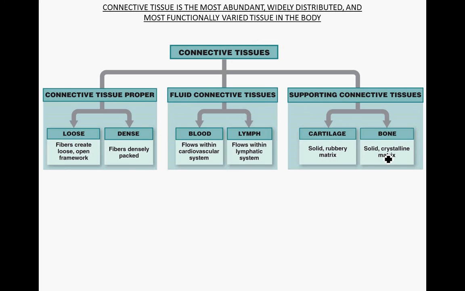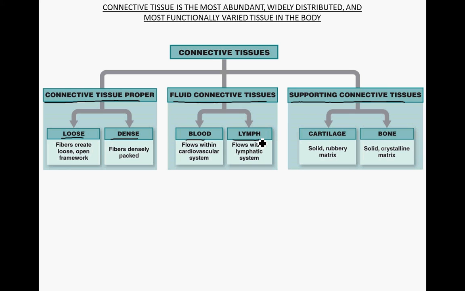So here's a little graphic organizer to help begin to classify this and help this make sense a little bit. We have connective tissue proper, we have fluid connective tissues, and then supporting connective tissues. The connective tissue proper comes in two flavors: loose and dense, and we're going to talk about these a little bit more. Then we mentioned the fluid ones, the blood and the lymph.